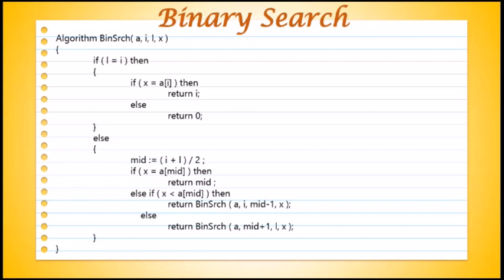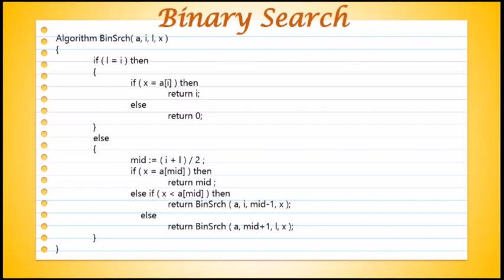So in this way, till we get the searching element, or at the last position, suppose the searching element is not present, we will return some value. So in this algorithm, after calculating, we are returning the position of the element present in the list.